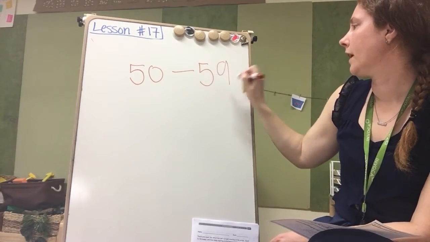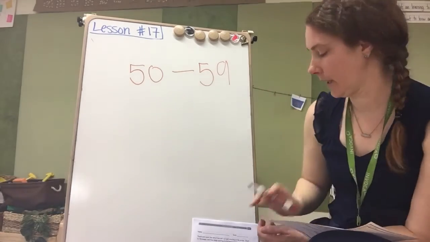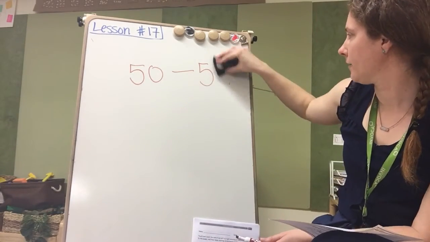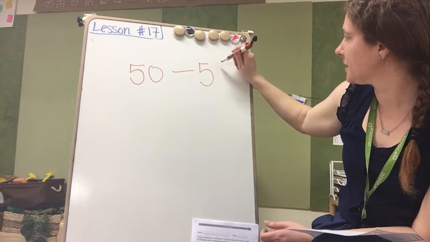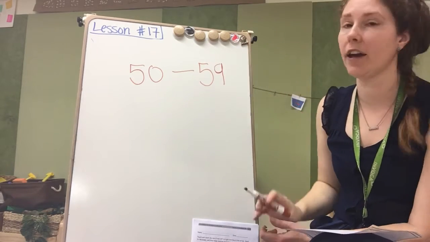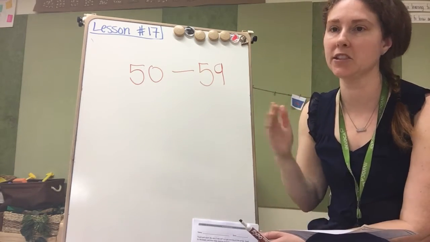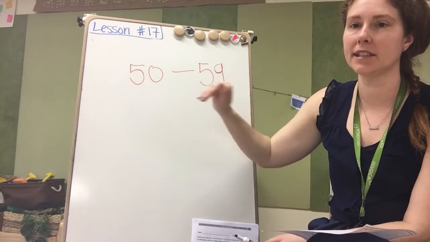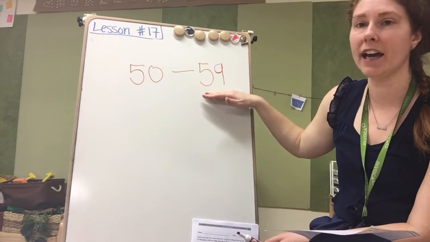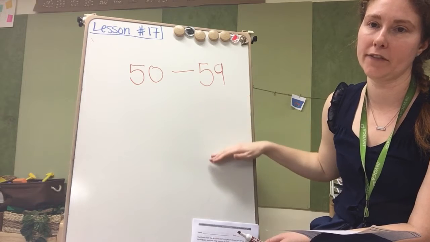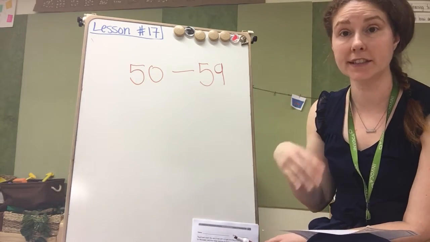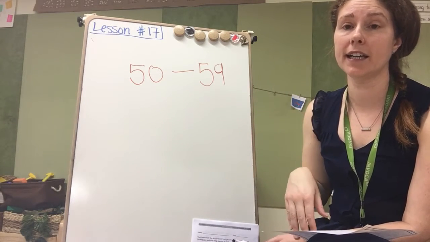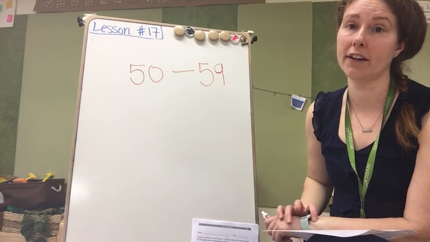this group. This kind of activity reminds me a little bit of stand up, sit down, right? How we would count and then at a certain number someone sits down. So maybe we could do stand up, sit down 50 to 59 and you stop at 59 and you have to sit down and then we go over and over. So that's the same idea. Stand up, sit down was a count up and count down activity.